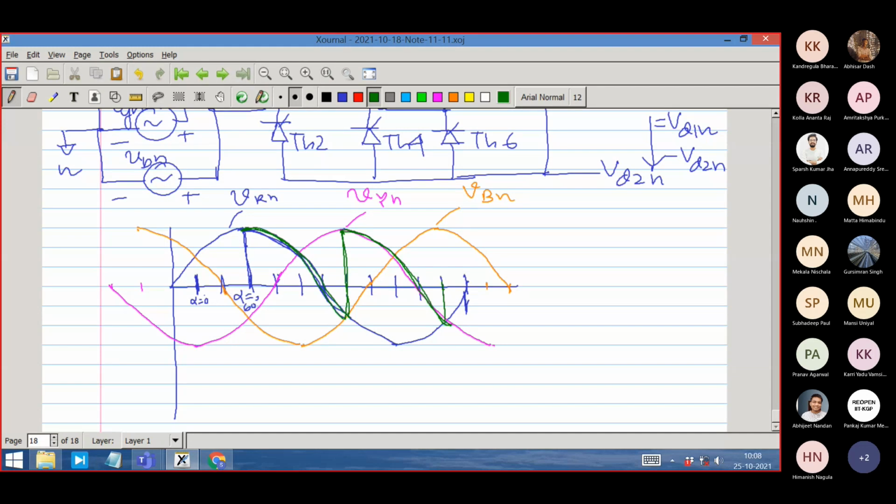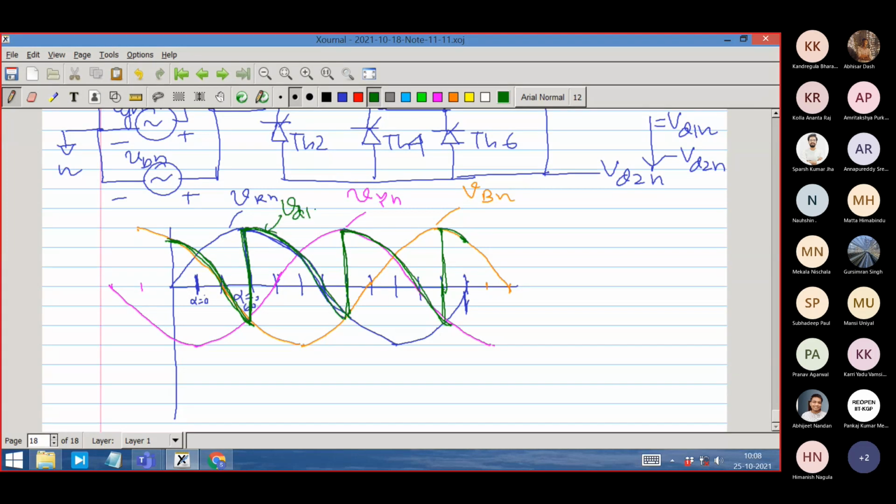Then the other firing has happened and it has gone there and continuing here, and then coming back like this, and this. Green color waveform is, you can say, VD1N, right?